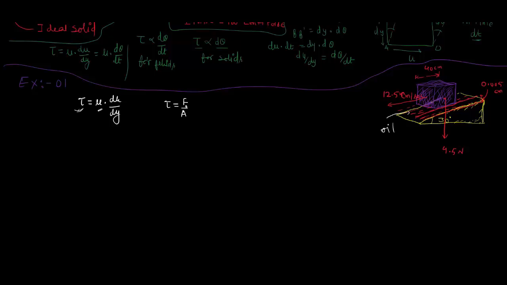That is shear force. The shear force is the force which is acting tangentially to the surface. So if I take the 2D view of this picture, I can draw it like that.